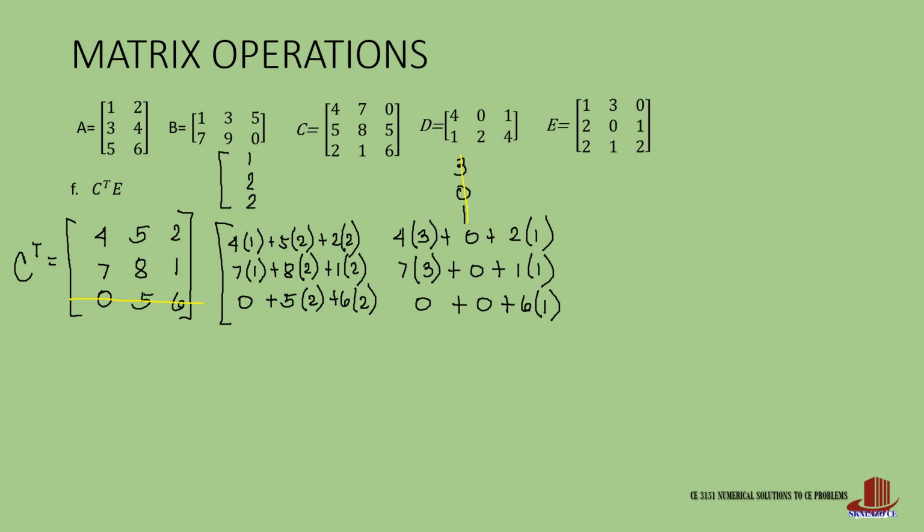Now, how about for our third column? Starting off with the first row, then we would have 4 times 0 is 0, plus 5 times 1, plus 2 times 2.